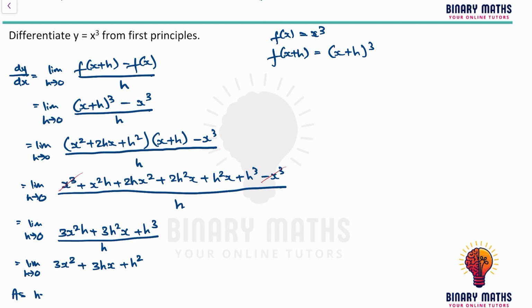Can't simplify anymore, so as h tends to 0, the h squared term will disappear, and the 3hx, because h is getting closer and closer to 0, will also disappear. So all we're left with is the first term, which is 3x squared. Therefore, f dash of x is equal to 3x squared.